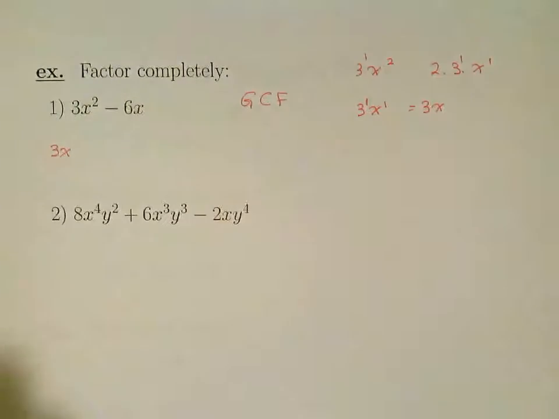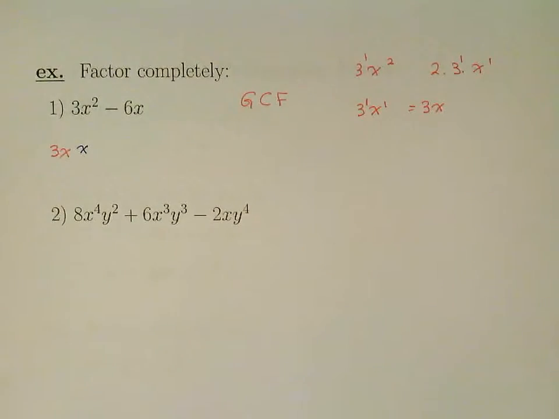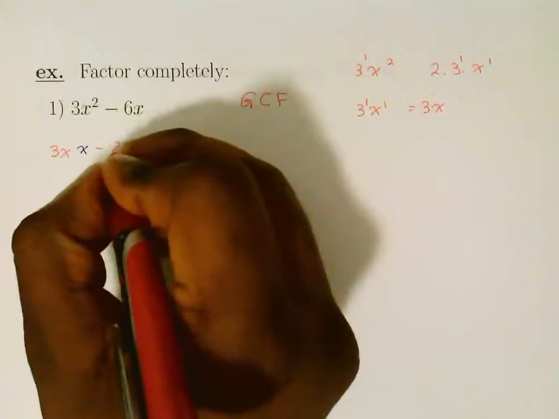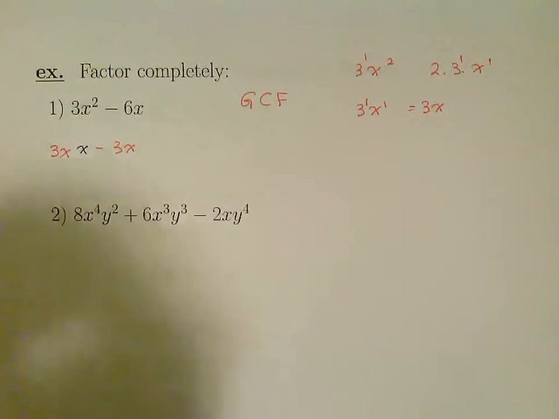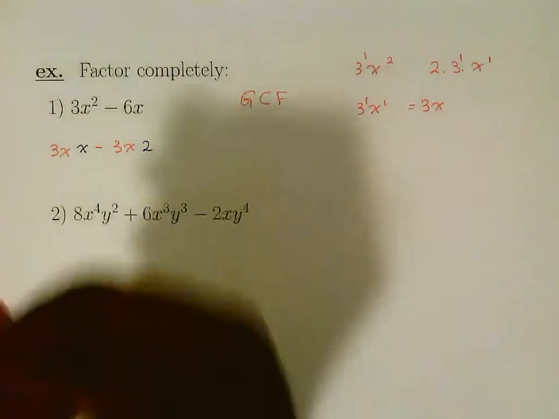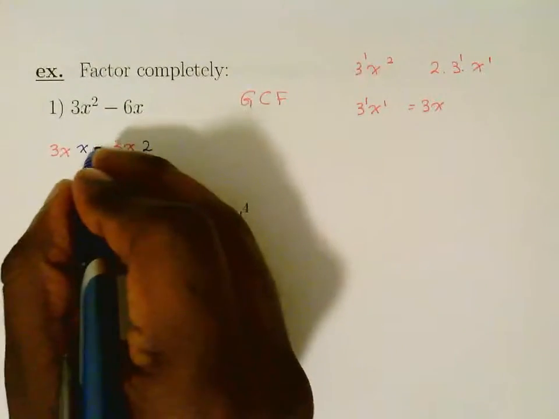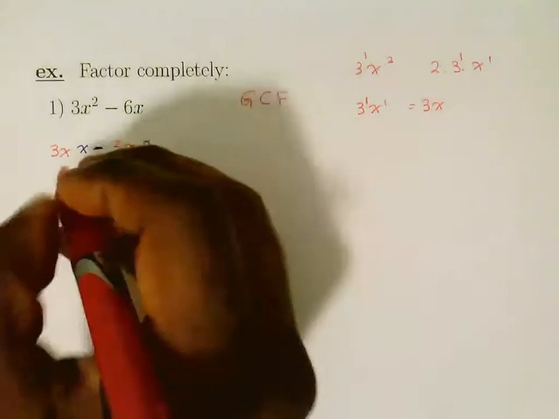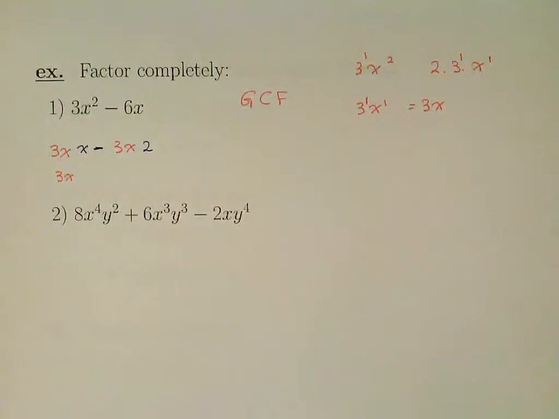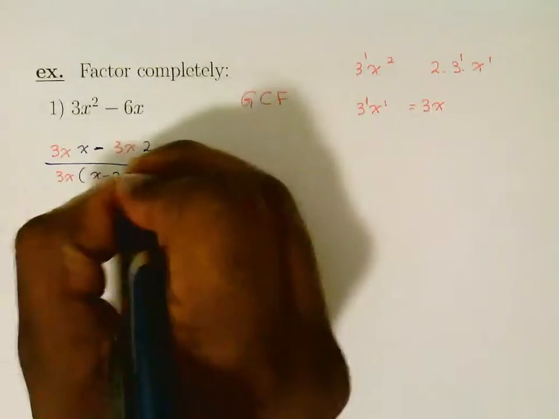Write 3x, and x is missing. Write 3x, 2 is missing. Now you can see 3x is the common factor, so you can take it out, and then inside the parentheses you should see x minus 2.